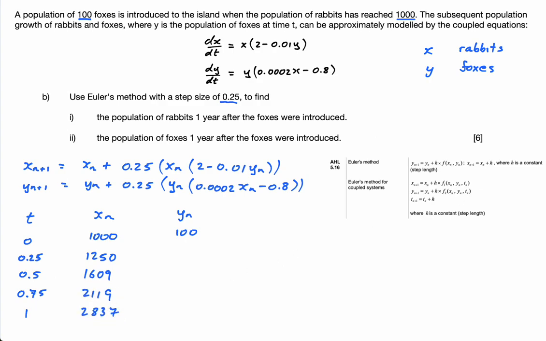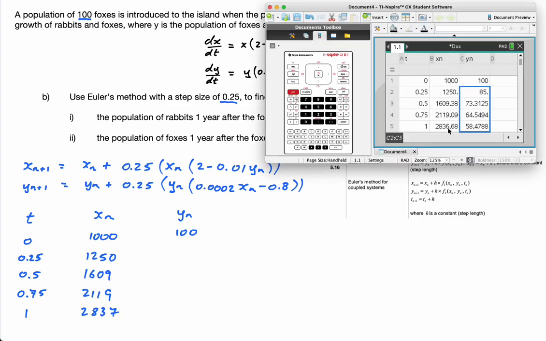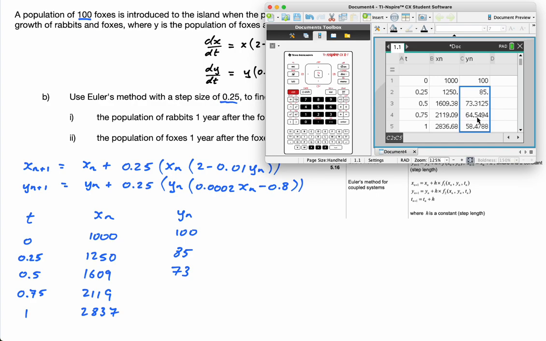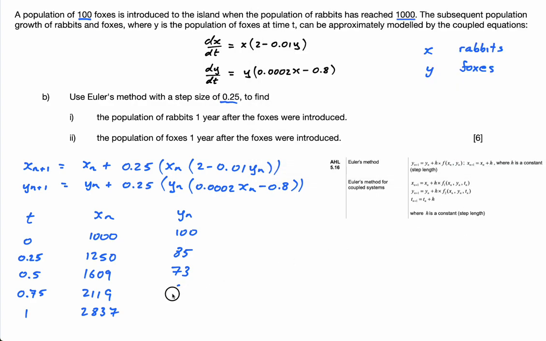I've rounded here to 2837. If you put 2836, you'd still get the mark, I'm sure. Then for the foxes, 85, 73, 65 and 58. I'm just rounding to the nearest fox here.